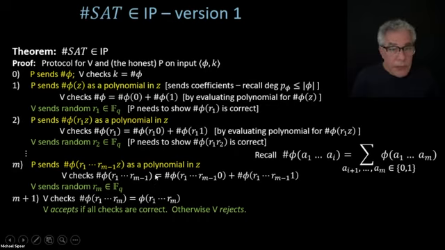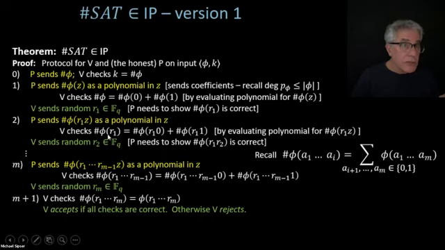I'm getting another question here. Where does this come from here? V checks that this here, so you have to look to understand where this is coming from. We're at the nth round now. So you have to look back like at round 2. V has to check that phi of R1, which comes from the end of the first round.